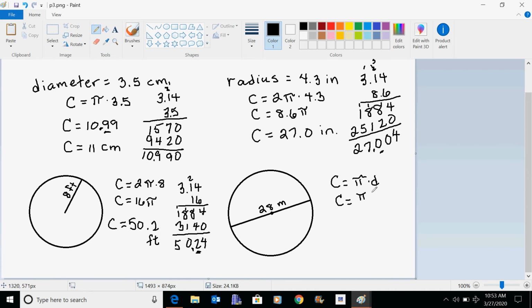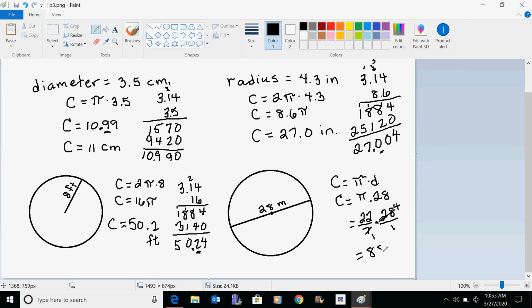Some of you might say, wait a minute, I know also that 22/7 is an approximation for pi. So if you were to have something like this and you notice that this is a multiple of 7, it's probably a lot easier to just do this, and you can cancel out because 7 goes into numerator and denominator.